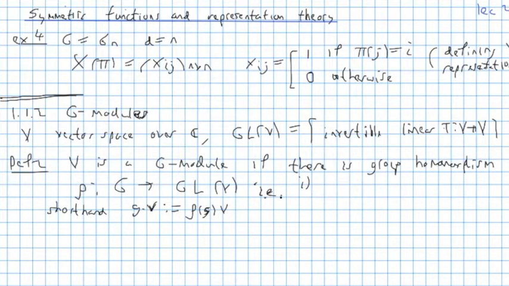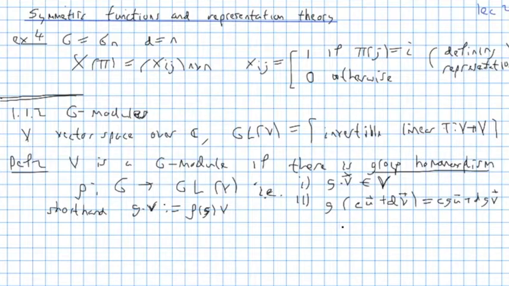Being a group homomorphism is equivalent to the following conditions. First, when G acts on V, I obtain something else in V, in the vector space, capital V. I also need that it respects the structure of the vector space. So if G acts on the linear combination cU plus dV, that's the same as cGU plus dGV. These are vectors here.